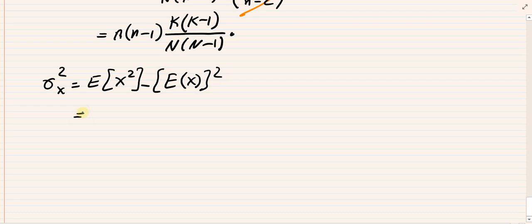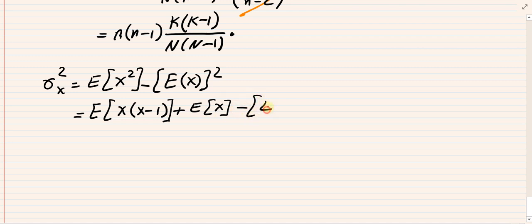Okay, and now we can rewrite this expectation as the expected value of x times x minus 1, plus the expected value of x, minus the expected value of x, squared.